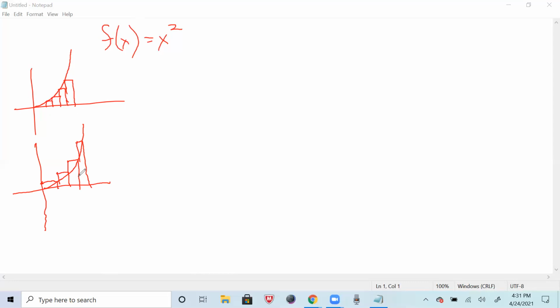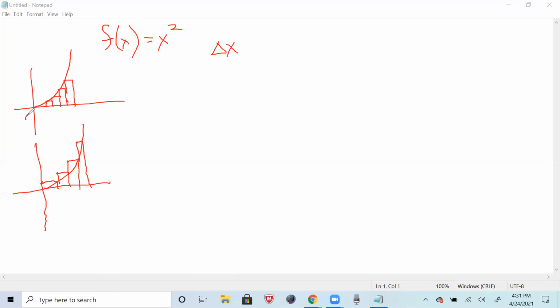But here's the tricky part. Let me tell you how they figured this out, because this is probably worth knowing. If I want to know what delta x is, the width of each of these rectangles, they want to know between 0 and 2.